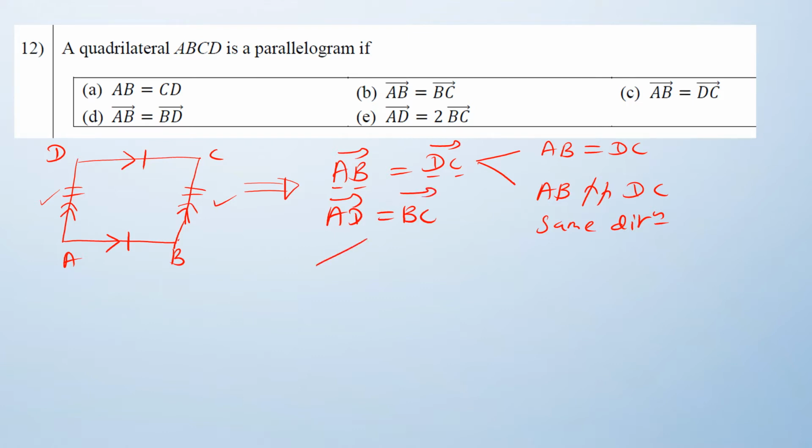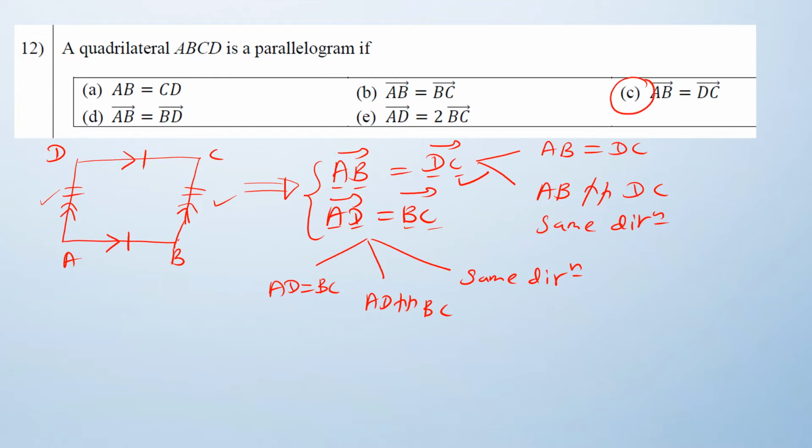In that also we have three properties. That means AD equals BC in magnitude, AD is parallel to BC line, and the same direction. As I told you before, that's why I selected from A to D as the direction and B to C as the direction. So out of these two we have the first one, AB equals DC.